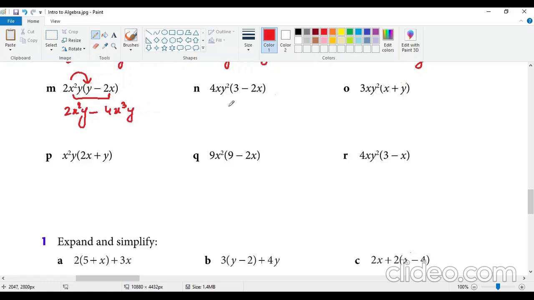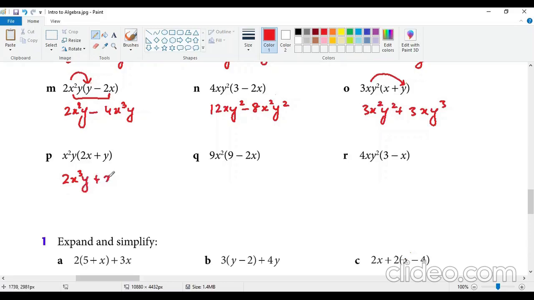This will give you 12x y square minus 8x square and y square. This will give you 3x square y square plus 3xy cube, because once this is going to multiply by this, y square and y are going to be added. First part will give you 2x cube y plus x square and y square.